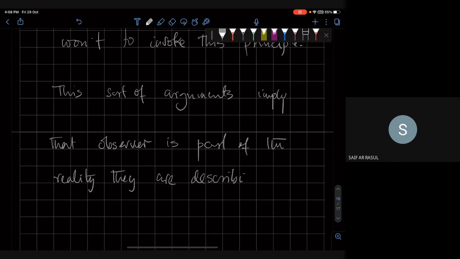Because as we saw, you have a choice in what experiment you want to choose, right? And that means the observer becomes part of the description of the reality.